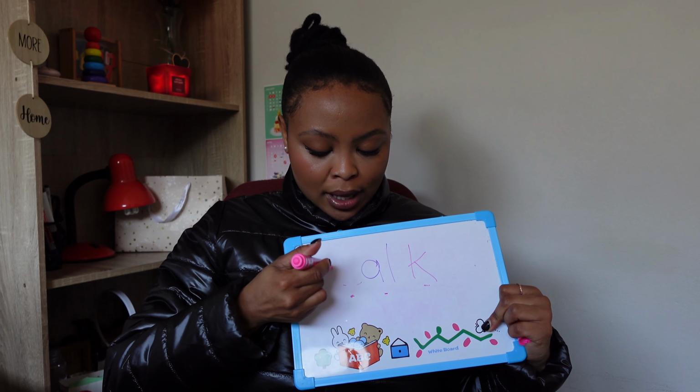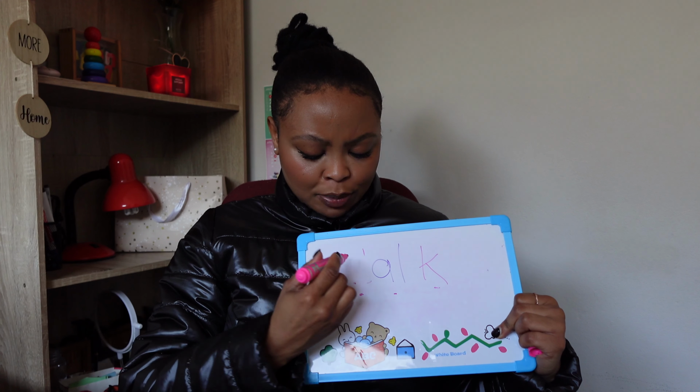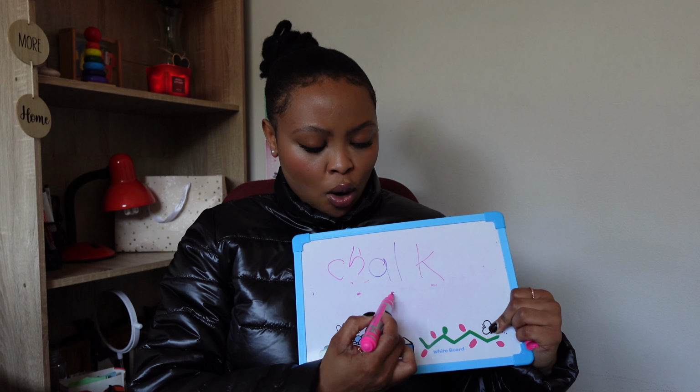It could also be the word walk, or it could just be the word chalk. Can you see the benefits of teaching a child how to decode instead of how to memorize words? Now, teachers or parents, if you look at this method, you would realize that it is way better than teaching a child how to memorize, because when children have memorized words, it is much easier for them to forget the words that they have memorized.